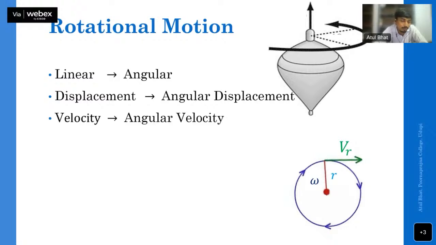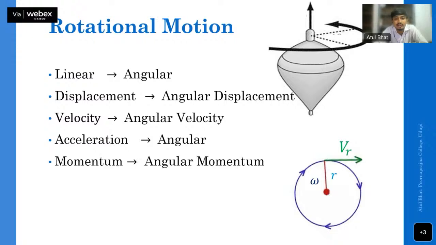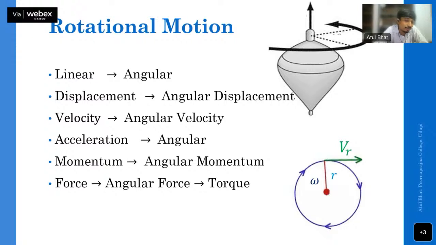In linear motion, we've got velocity. In rotational motion, angular velocity. In linear motion, we've got acceleration. In rotational motion, we've got angular acceleration. In linear motion, we've got momentum, we've got angular momentum in rotational. And in linear motion, we've got force. And in rotational motion, we call it angular force, or we call it torque.